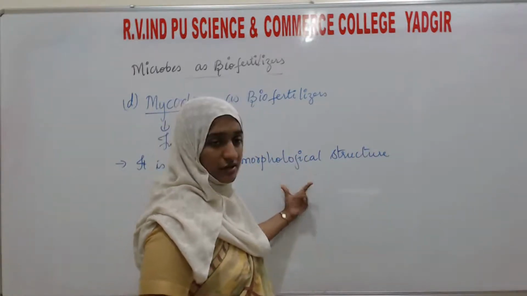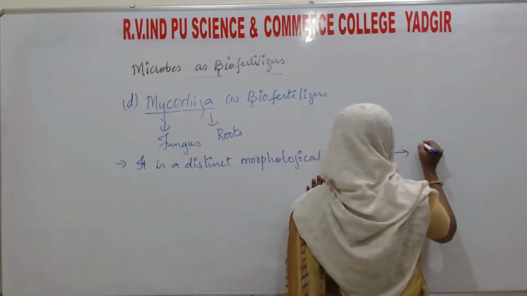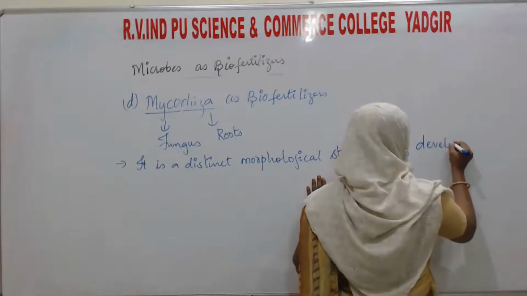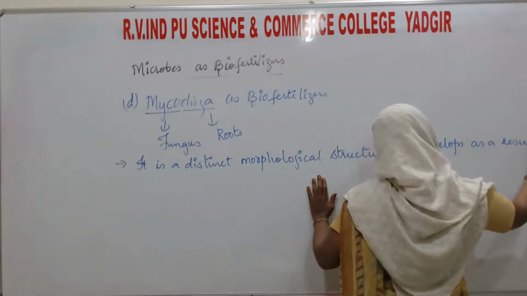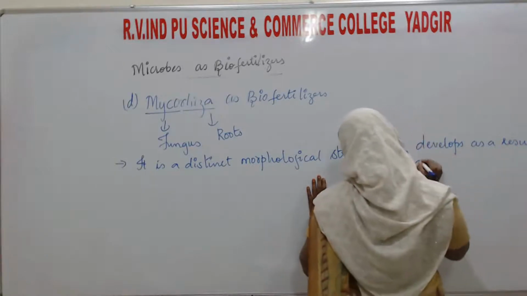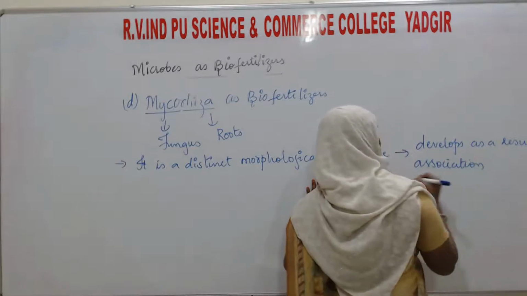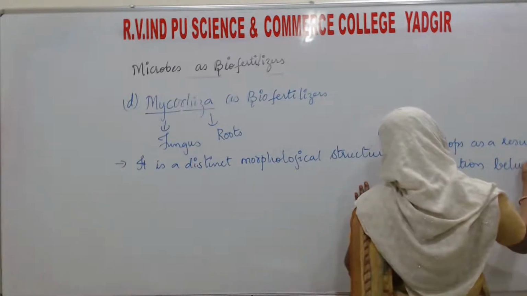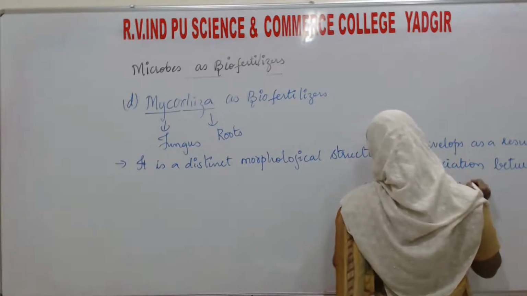This structure develops as a result of association, which means a relation between the fungus and the roots.